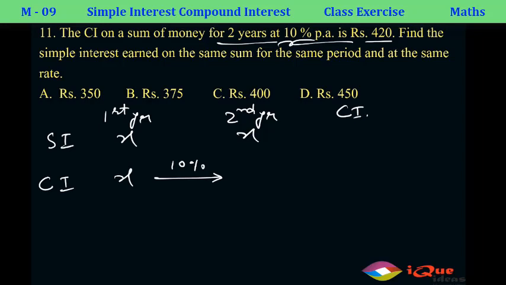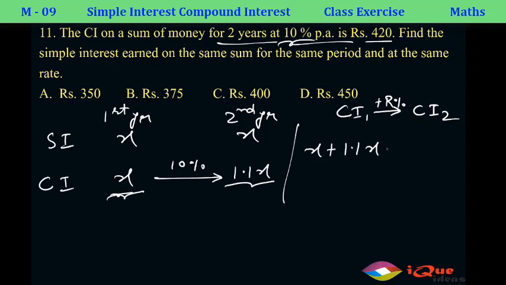And we know that compound interest also increases at the same rate. So the rate is 10%, the first year compound interest is X, so the second year compound interest will be simply 1.1x. So the total compound interest for 2 years will be X plus 1.1x, which is given equal to 420 rupees.